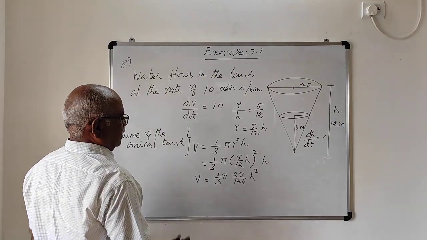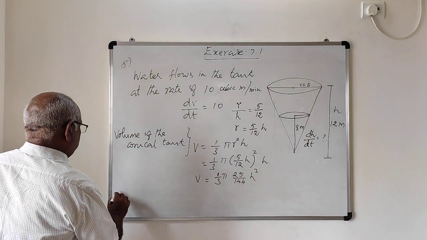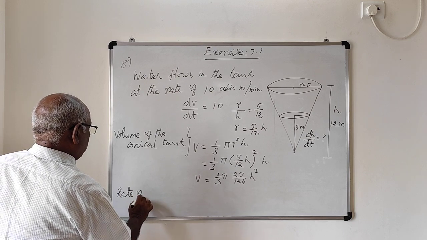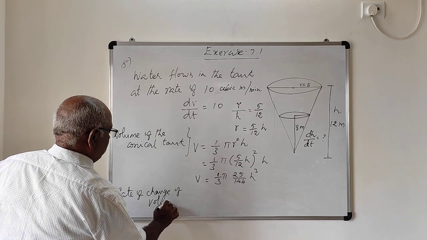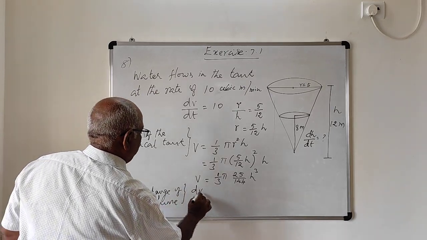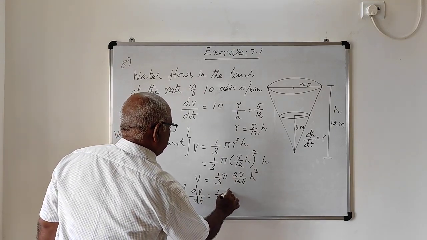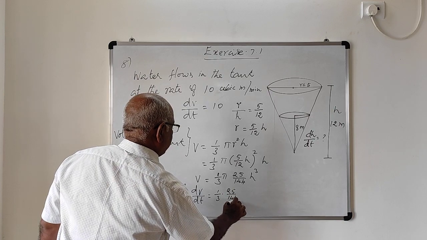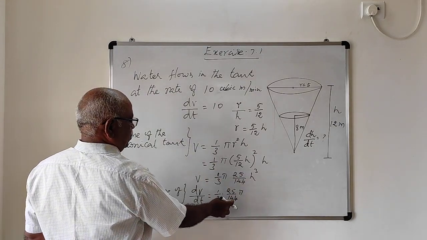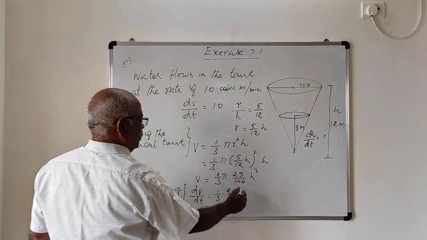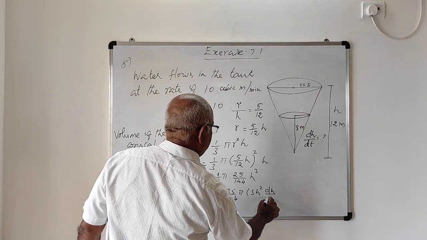Now we want to find the rate of change of volume when the height is 8 meter. That is, we want dV by dt, which is equal to 1 by 3, 25 by 144 and pi, all constants, you can take them out, into the derivative of h cube, which is 3h square into dh by dt.